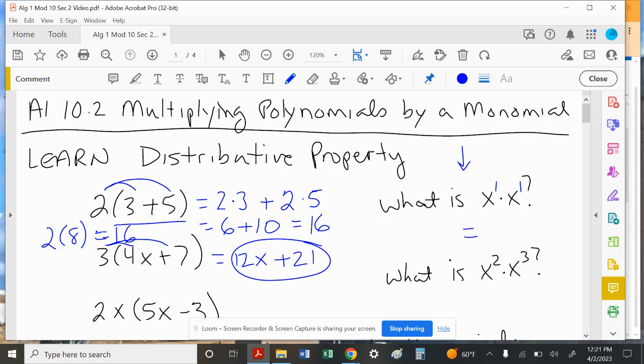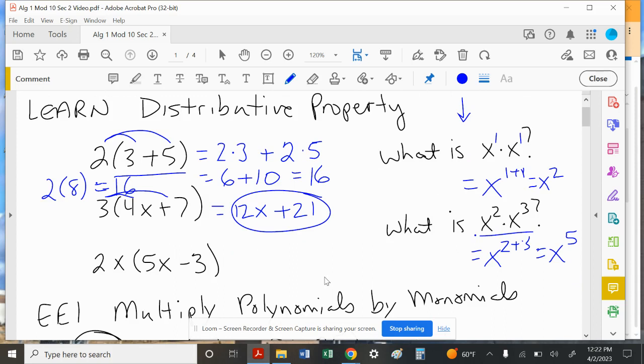That's going to equal x to the 1 plus 1, which is 2, so it's x squared. On this one, we do the same thing. We add those powers. That's going to equal x to the 2 plus 3, which is x to the 5th. So that's what we get for those values.